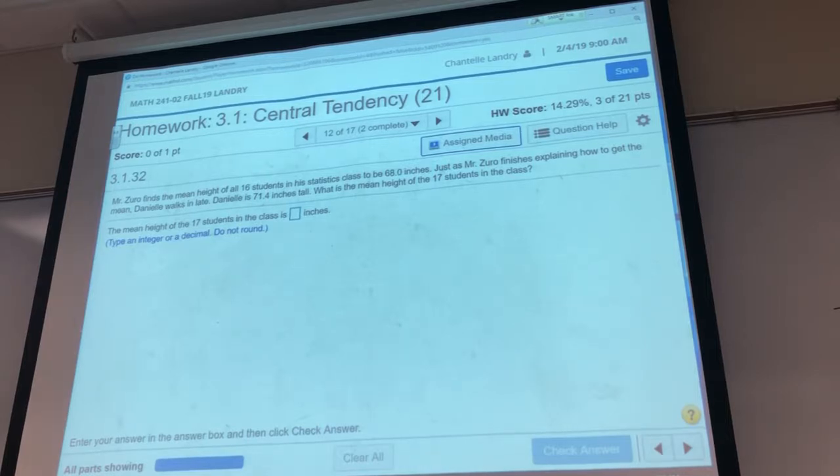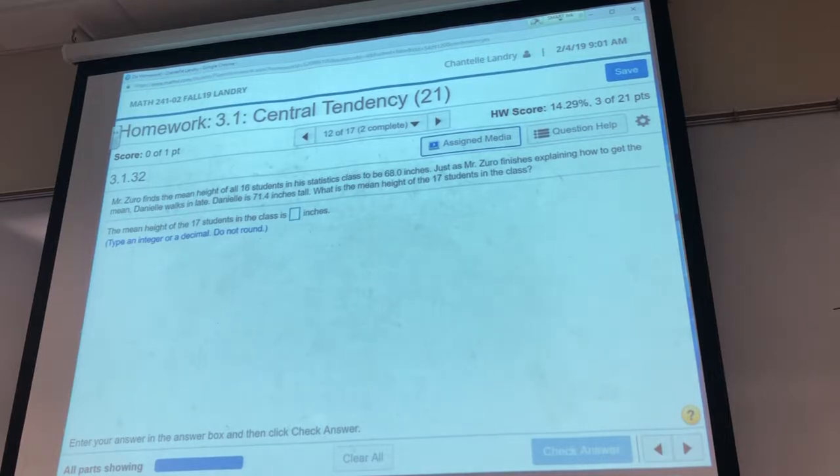On average, they're going to be 68 inches tall, so you're going to take those 16 students and multiply by 68. Basically, if you're working backwards to get the average of 68 inches, they took the sum of the heights for all 16 students and divided by 16 to get 68. So if you multiply both sides by 16, you'll get that answer.